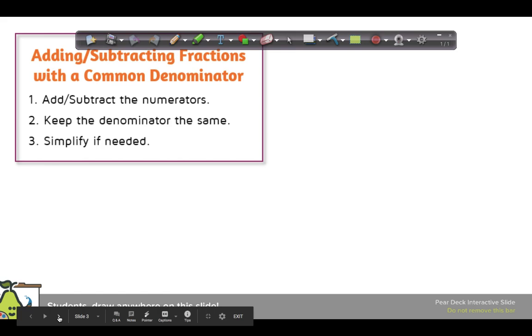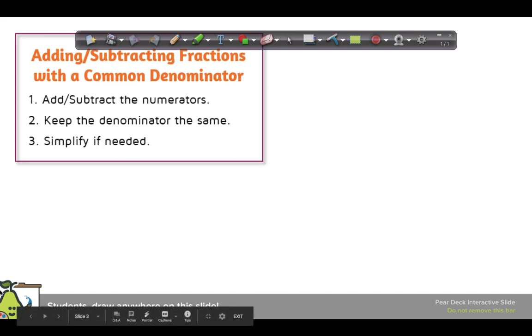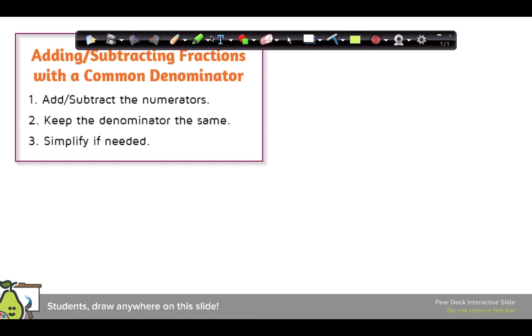And so we wrote in our notes that to add or subtract fractions, you want to have a common denominator or a common size. So that's what denominator is. The denominator, again, is the size of the part, the fraction. So if it's a half or a third or a fourth or whatever the denominator is, it determines the size.